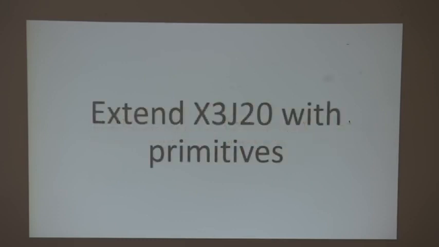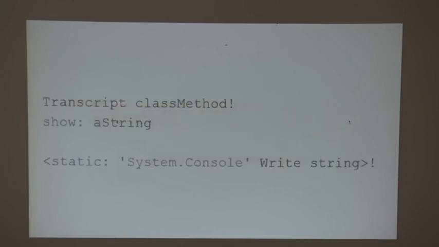And we need to extend the standard with primitives. So we defined our own primitive syntax, which is hopefully very similar to other Smalltalk syntax, like static, which is a static method, and the class, which contains the .NET class, which contains the method, write, and some string. String is the type of parameters that's sent back and forth.